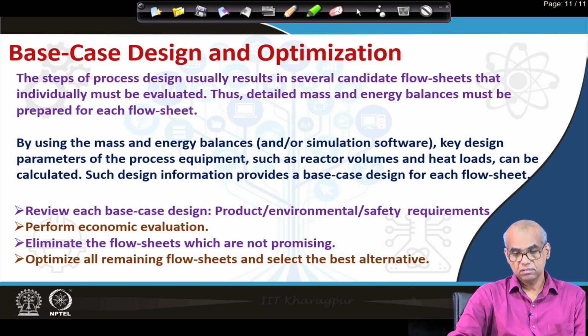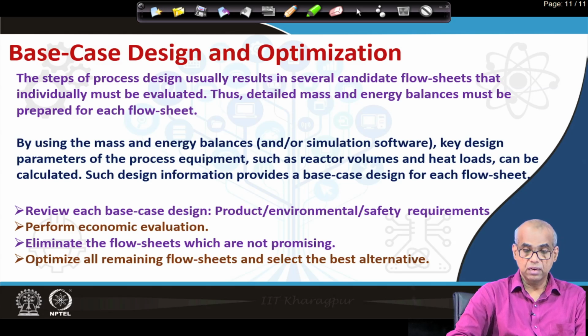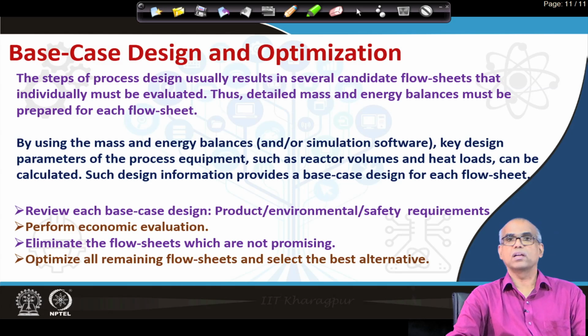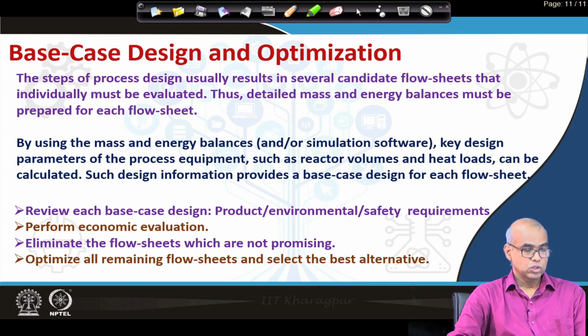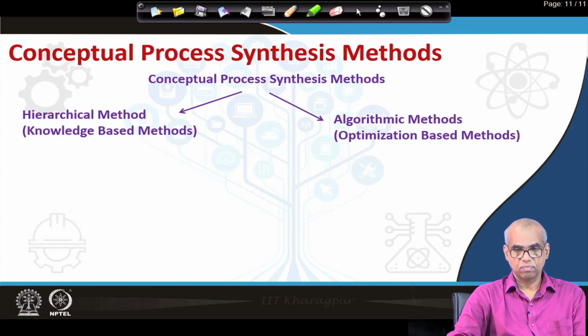Before eliminating, you can see whether some adjustments of the conditions can make them promising or not. After elimination of the non-promising flow sheets, we should optimize the remaining flow sheets and select the best alternative. So, that is in a nutshell. We will talk about it in more detail in future classes.